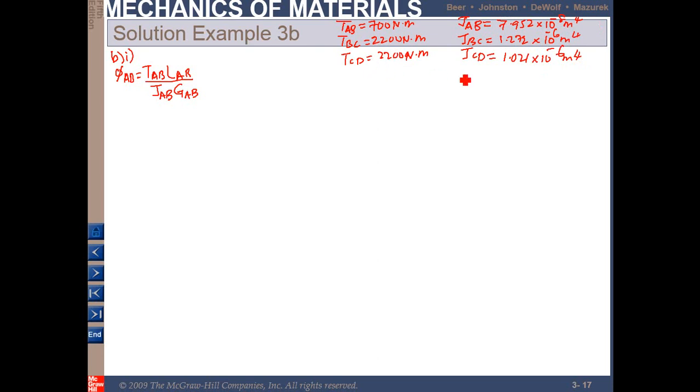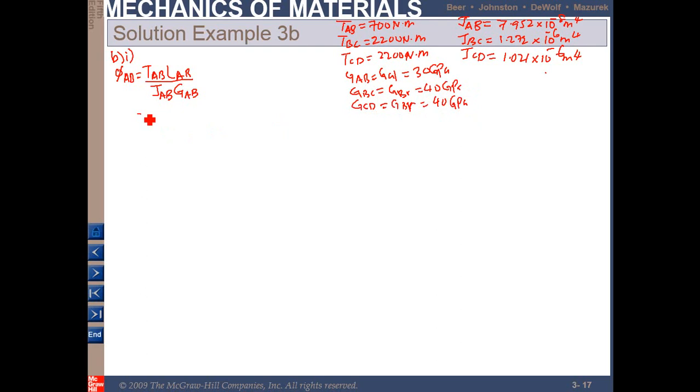And we also know that GAB is equal to G aluminium equal to 30 GPa, and GBC is equal to G brass equal to 40 GPa, and GCD equal to G brass equal to 40 GPa.